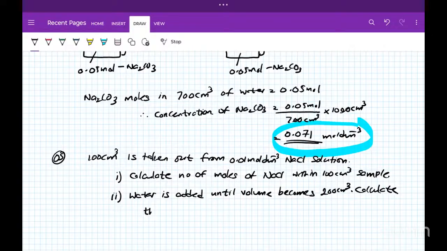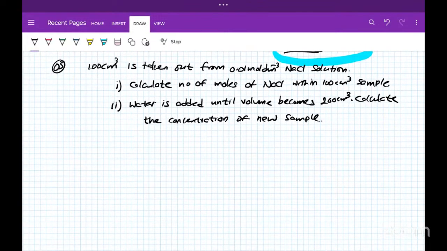Calculate the concentration of the new sample. Try them. I will do this one, but give it a try.